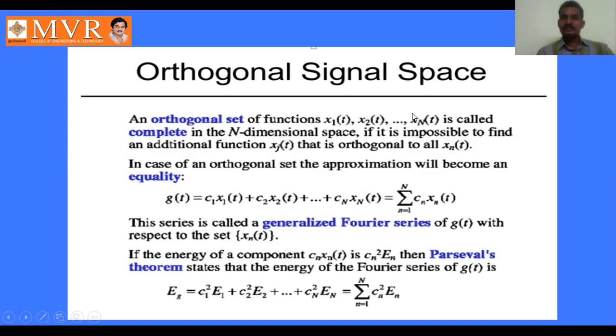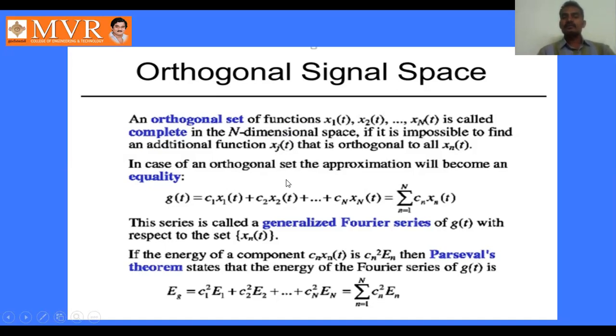This set is orthogonal to another function xj(t). Here xj(t) is perpendicular to the orthogonal set; these two are perpendicular to each other.